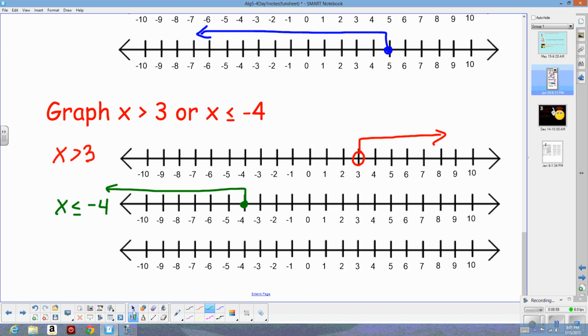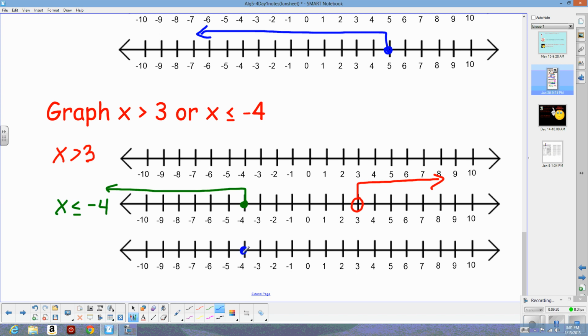Now if I were to graph the union of these two, I would visualize the two graphs on top of each other. In this case, they don't actually overlap at all. But if I were to graph everything that I see when I lay the two on top of each other, the graph would look like this.